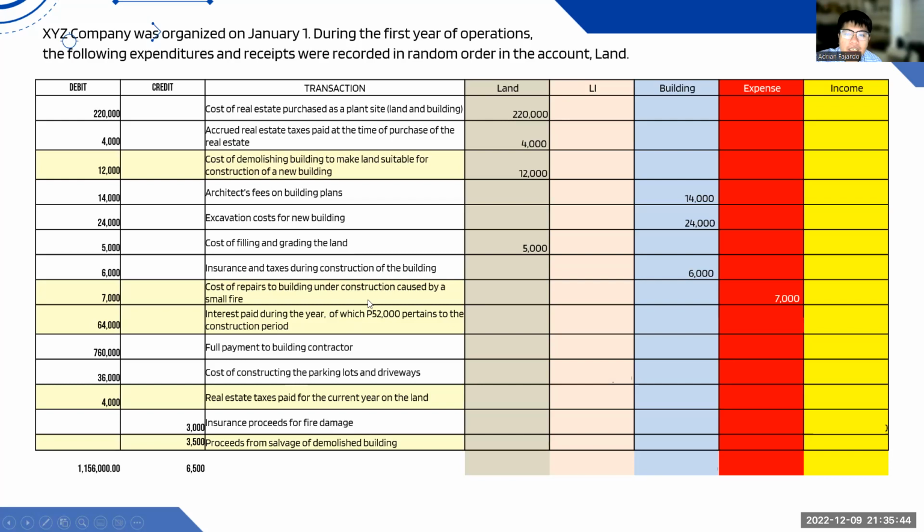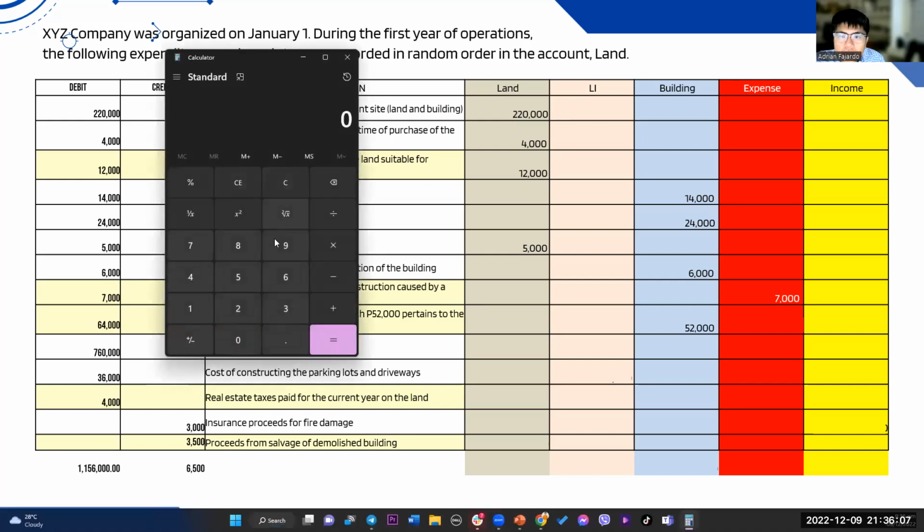Interest paid during the year, of which 52,000 pertain to the construction period. So the total interest is 64,000, but 52 out of the 64 is borrowing cost. So we split. 52,000 will be building, and then the remaining one, how much is the remaining? 64 minus 52.